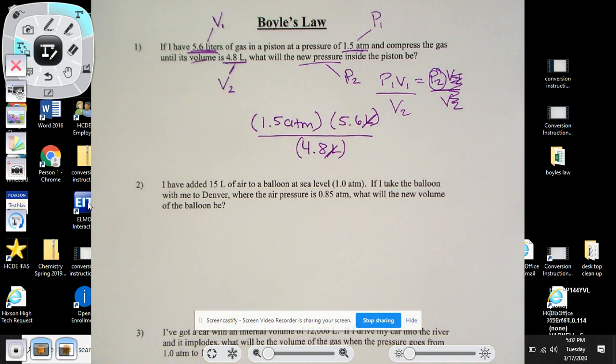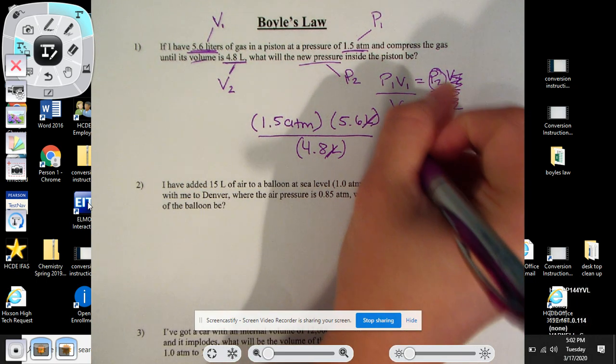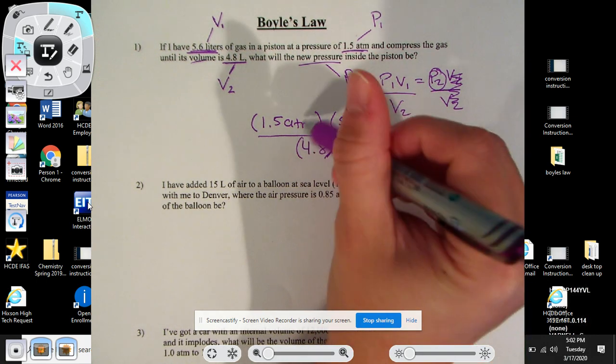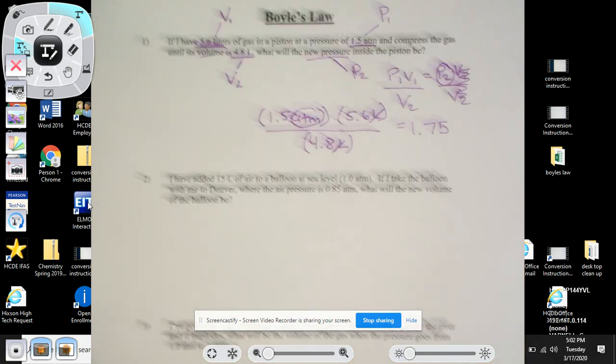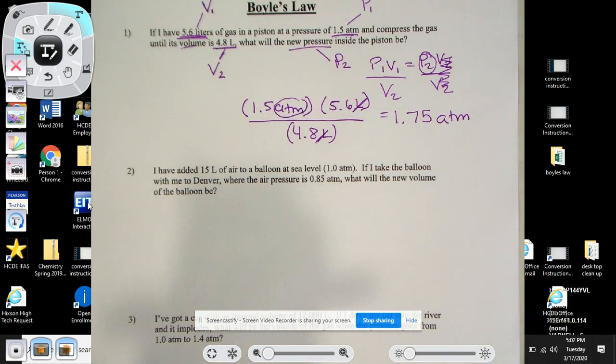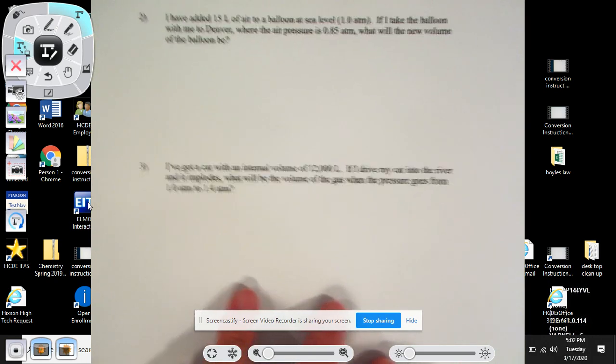And you just multiply 1.5 times 5.6 divided by 4.8, which gives you 1.75. And the only unit left is atmospheres. Therefore, it's 1.75 atmospheres.